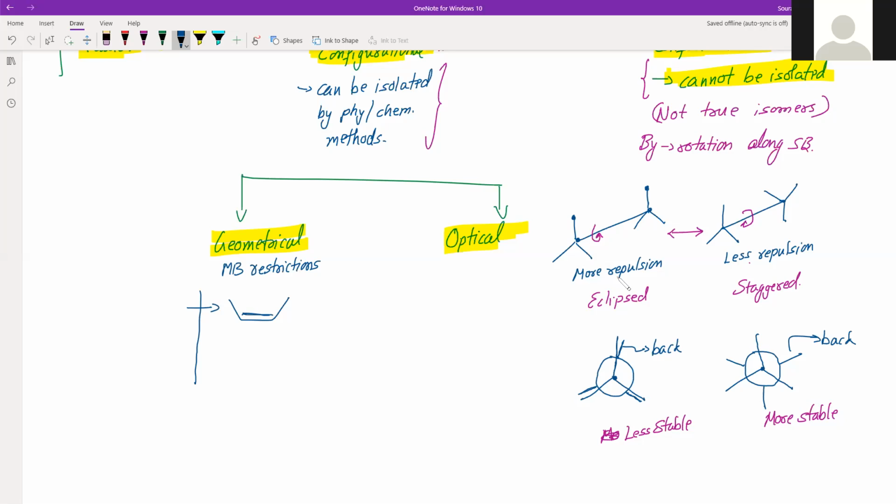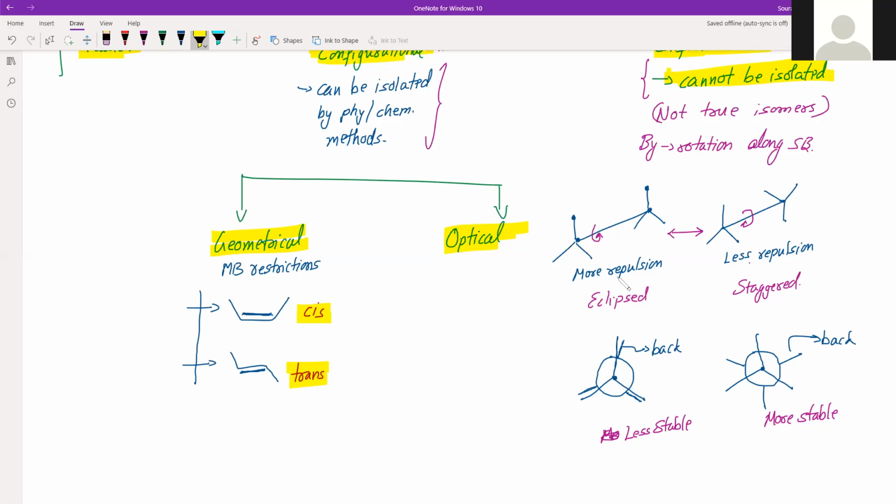One configuration is this, and the other configuration is this. Structure is the same, name is the same, but orientation is different. The one above, in which these two are on the same side, is called the cis version, and this one is called trans. So these are the two types of geometrical isomers.